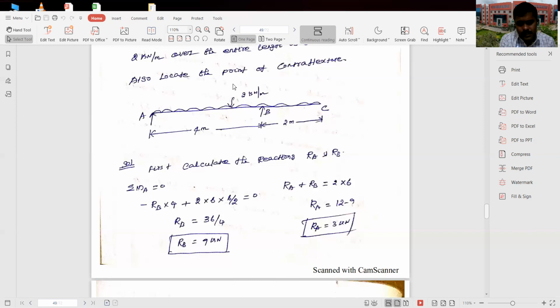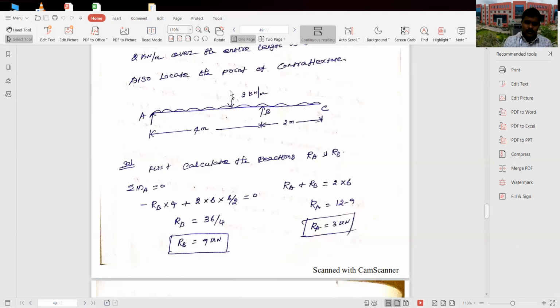So you are taking the moment at the point A. This load, 2 into 6, is acting at a distance of 3 meter from A. See, towards A, it is a clockwise direction, right?